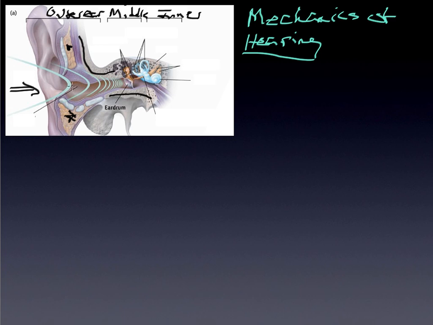It translates the sound waves into vibrations that are then transmitted through the bones of the inner ear, which is the stirrup, the hammer, and the anvil, and they function by stimulating.